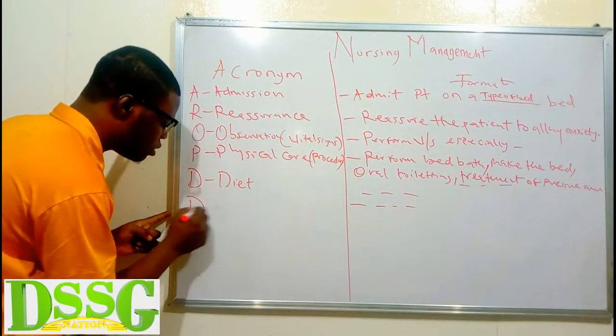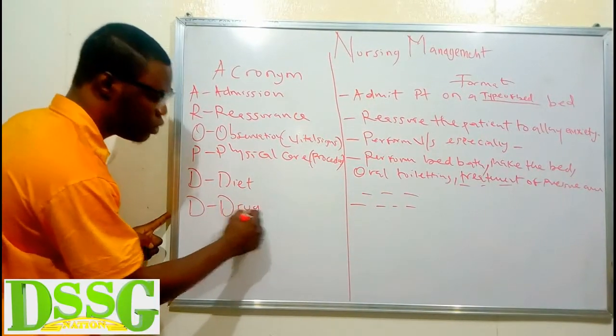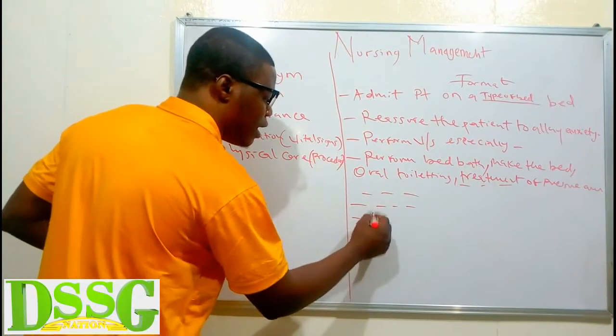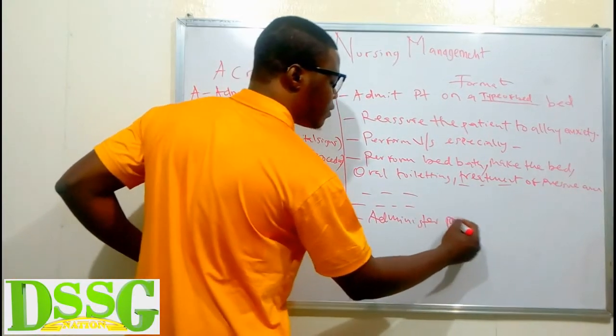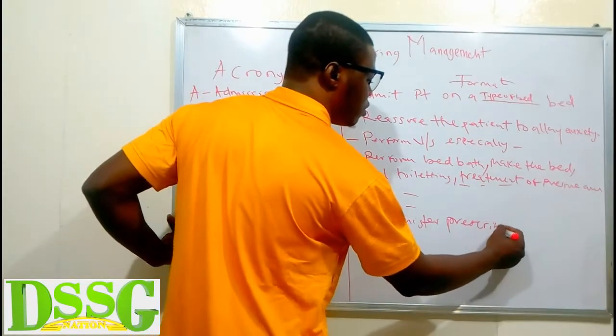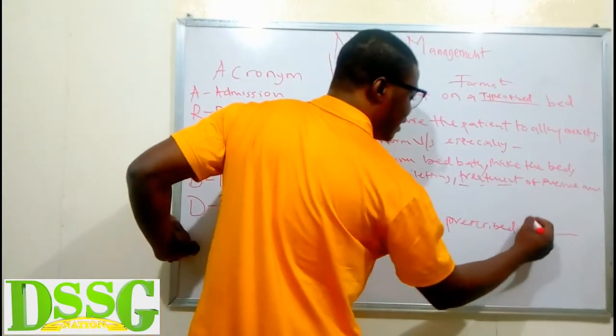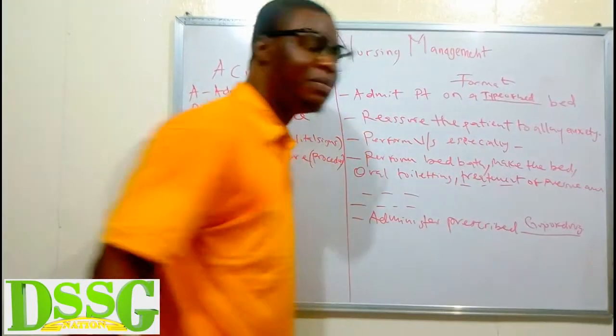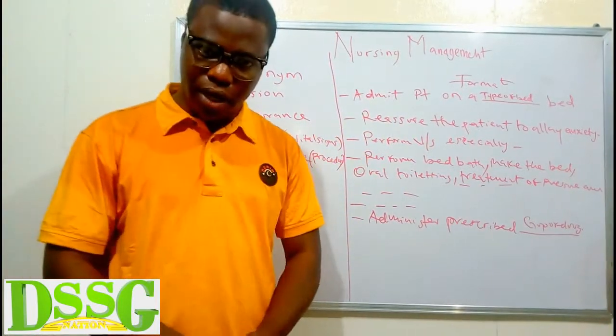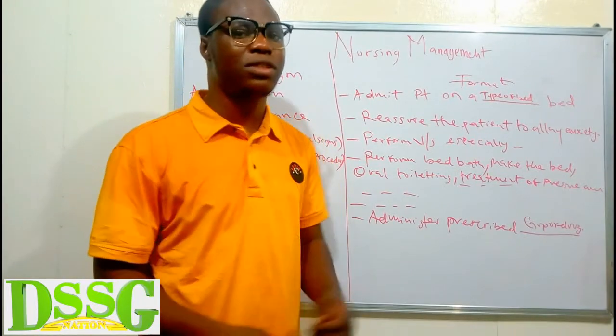So then the next one is the drug. So the format for the drug is administer prescribed dash, and that dash is the group of drug. So let's say the patient is suffering from malaria, and you are asked to write the nursing management for a malaria patient.